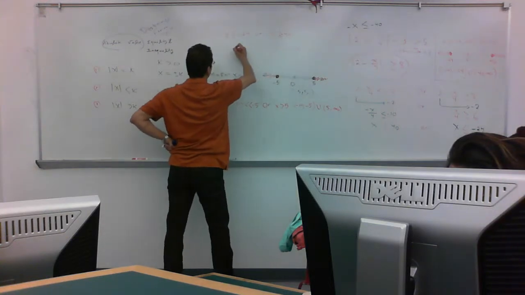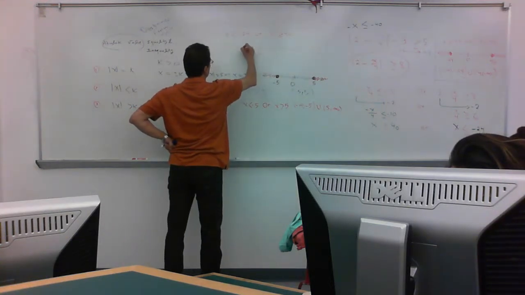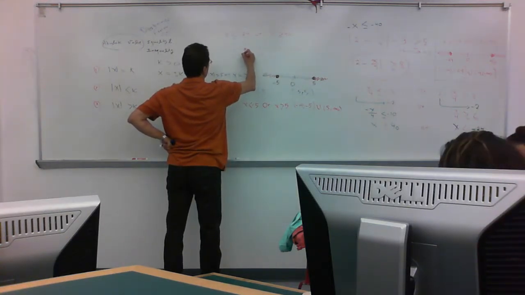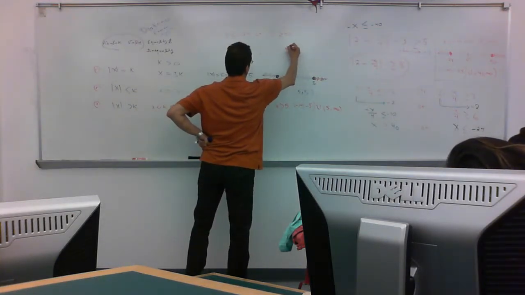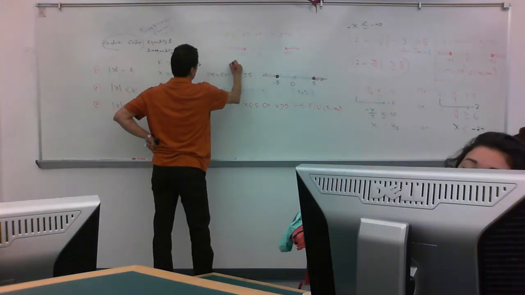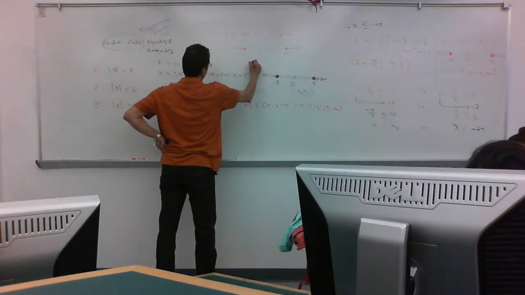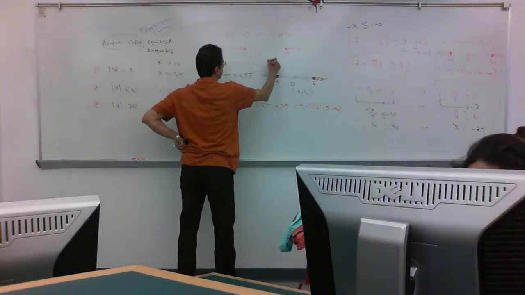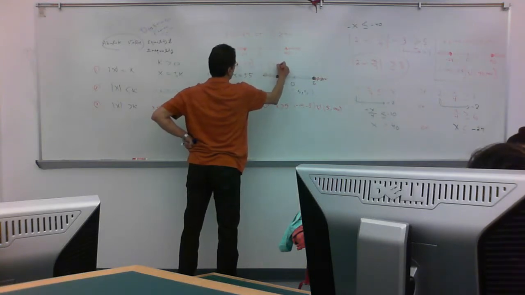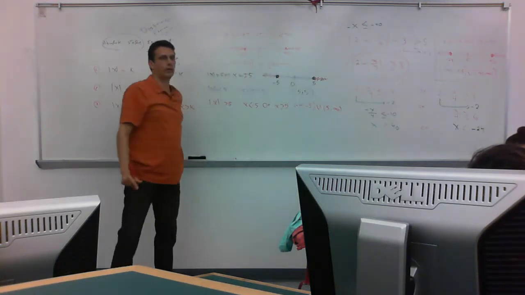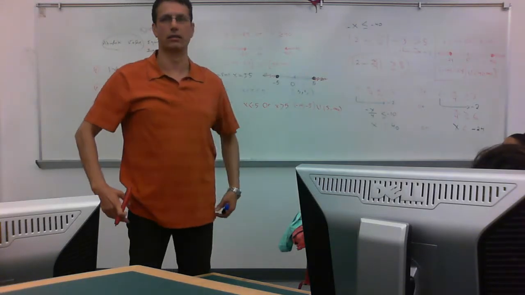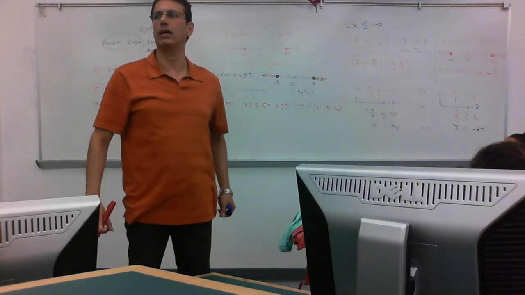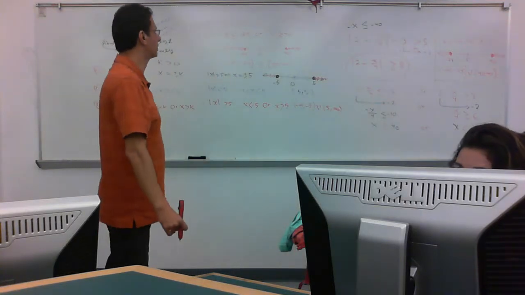Therefore, this is negative 24. This is 40. Negative infinity, negative 24, union 40, infinity. For numbers negative 24 and positive 40, use brackets. Infinity and negative infinity are concepts, we don't include them.